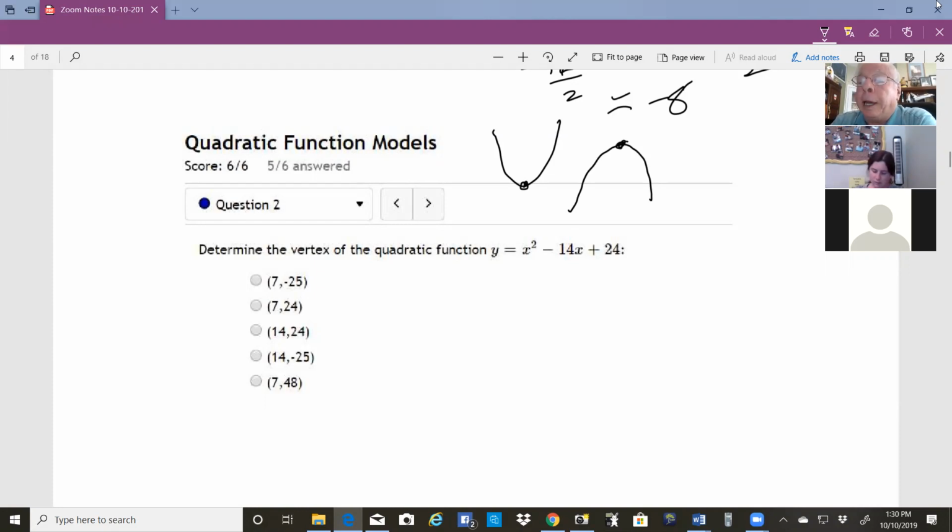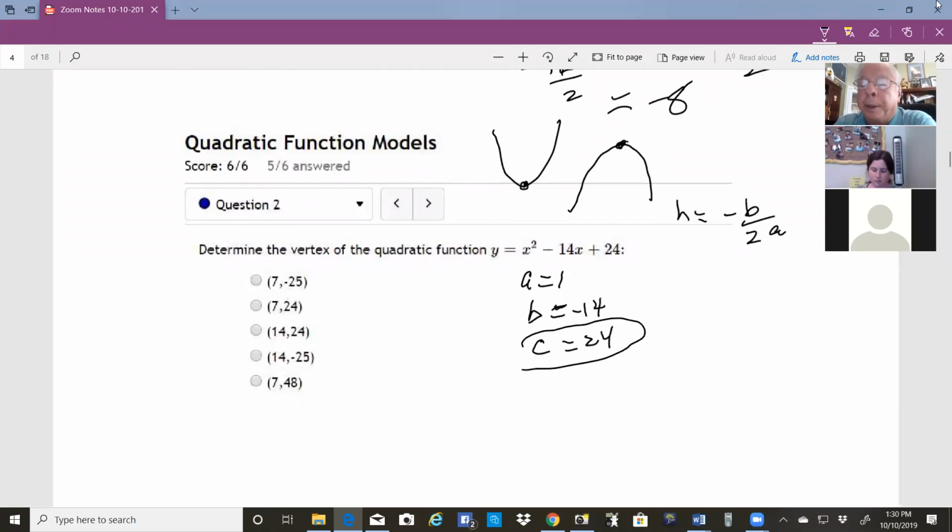And the h value, the x value of the vertex, is going to be minus b over 2a. You need to have that formula close to you. Well, a is 1, b is minus 14, and c is 24. We don't need c to find the vertex, by the way, or at least to find the h value.